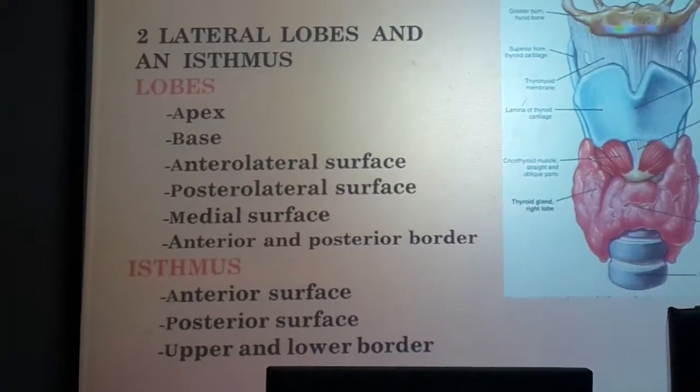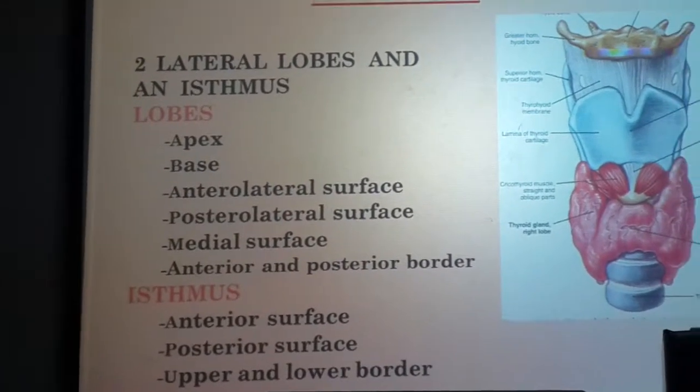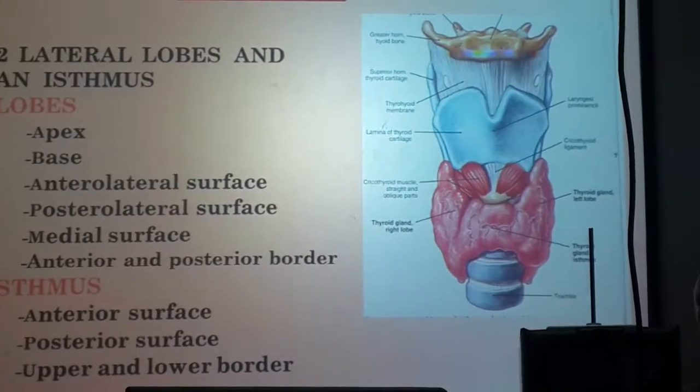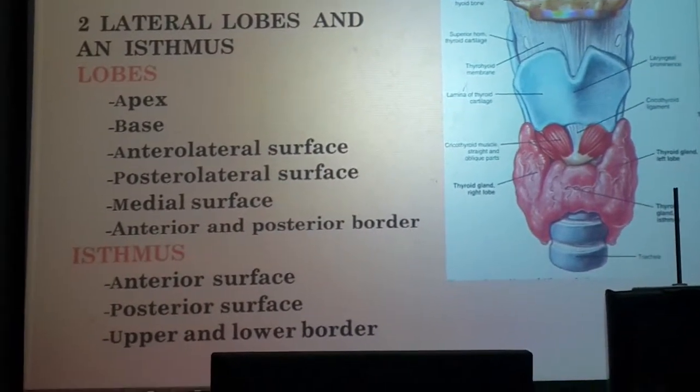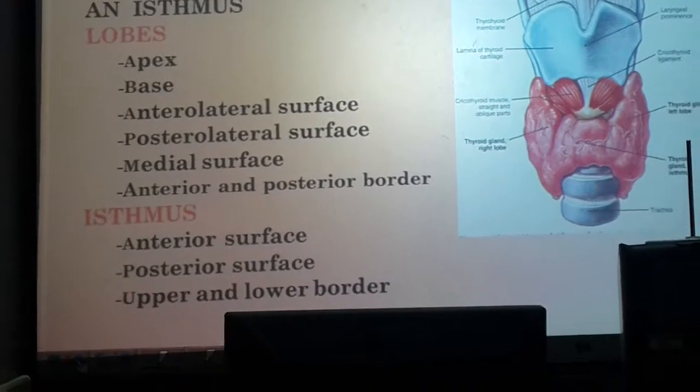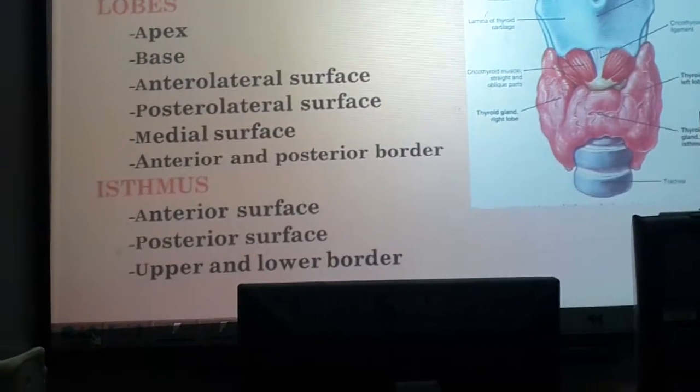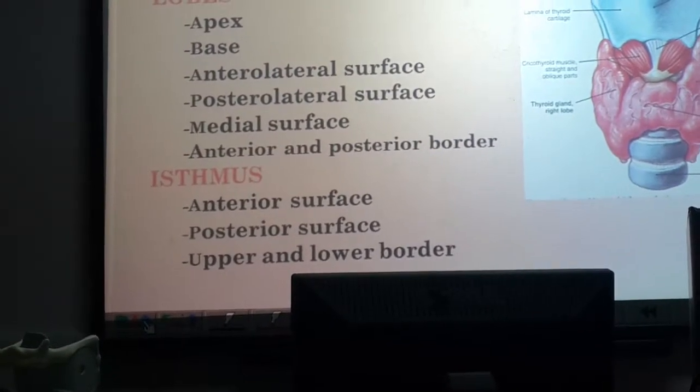The lobes have apex, base, anterolateral surface, posterolateral surface, medial surface, and anterior and posterior border.